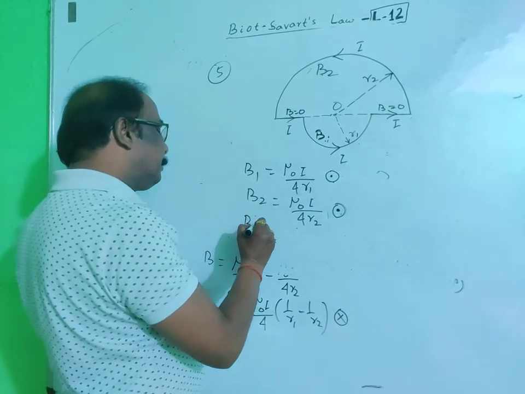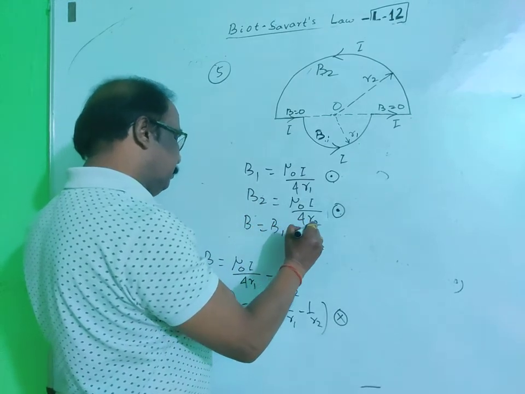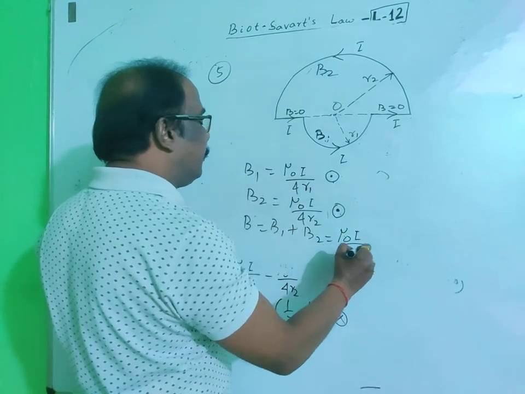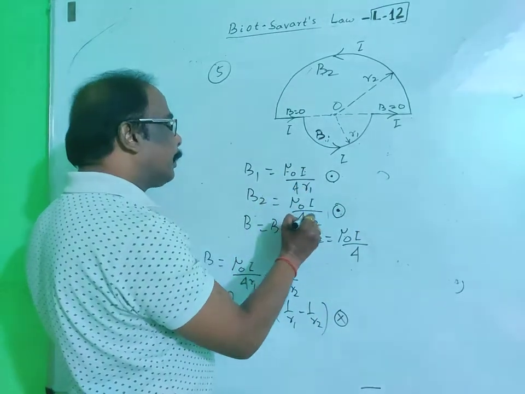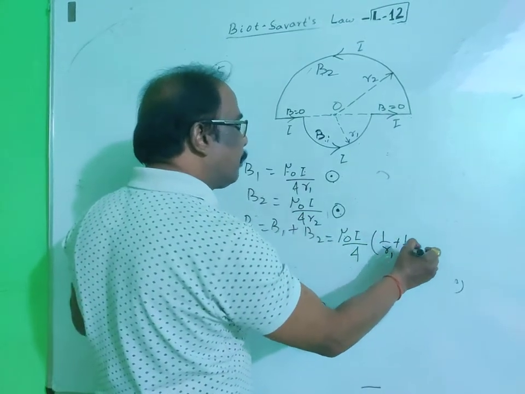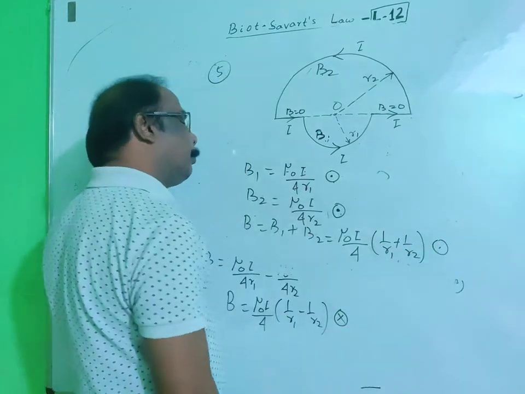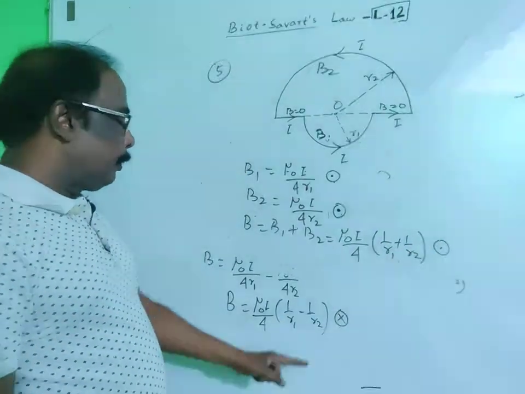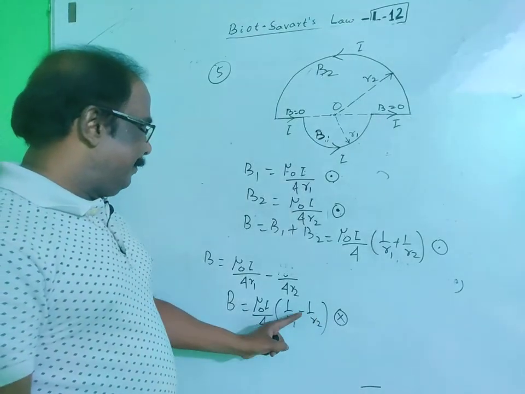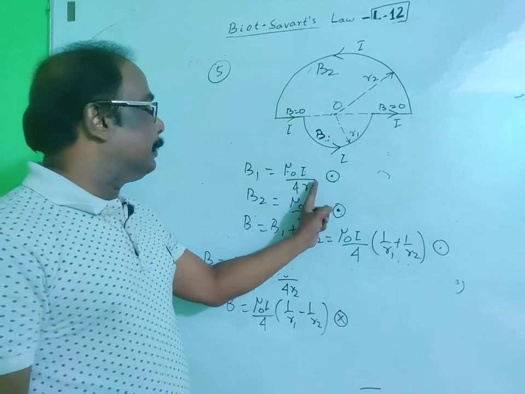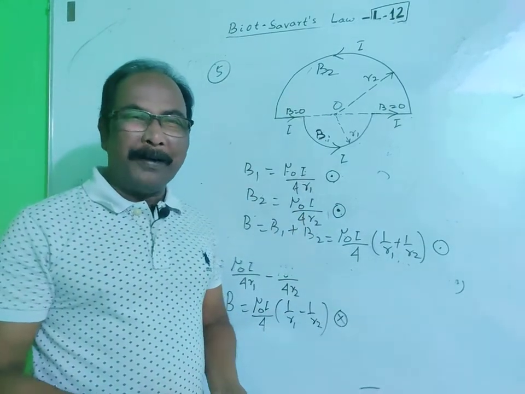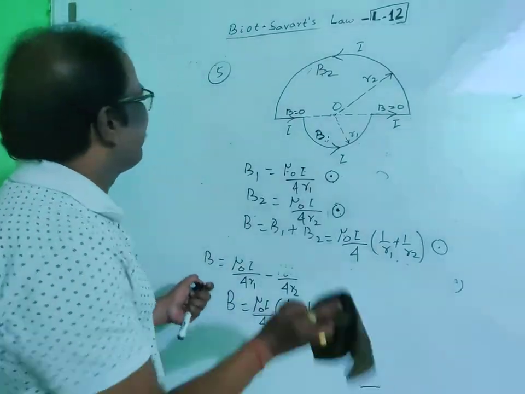So resulting magnetic field B is equal to B1 plus B2, so mu naught I by 4 times (1 by R1 plus 1 by R2), and direction is outward. In the previous question, the difference between magnetic fields gave an inward direction, and here two magnetic fields are added, so the direction is the same as theirs, outward. Okay. Next.